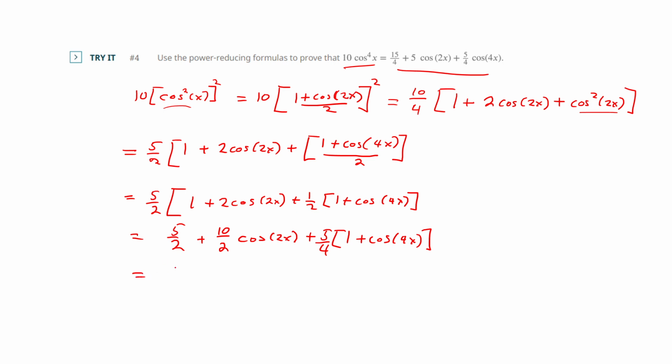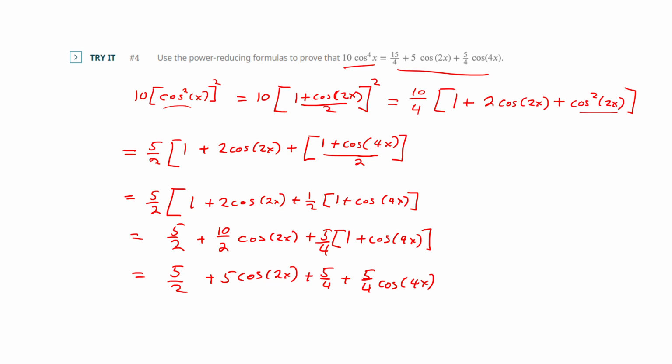Okay, so let's tidy this up. We've got 5/2 plus 5 cosine 2x. Now this is going to go through, so I'm going to have 5/4 plus 5/4 cosine 4x. Now let's just combine like terms here.